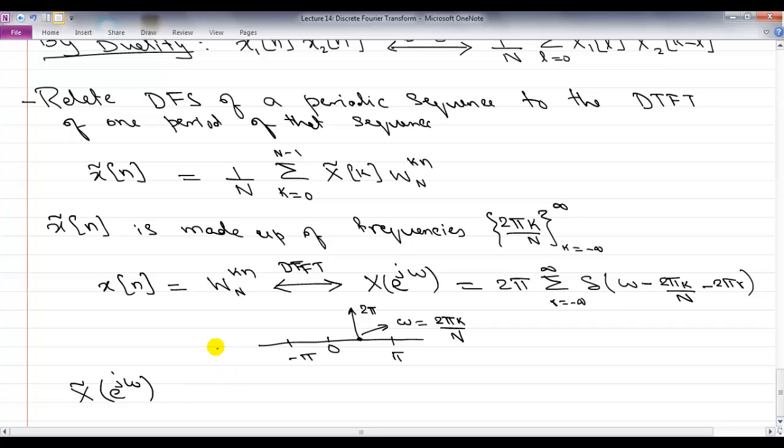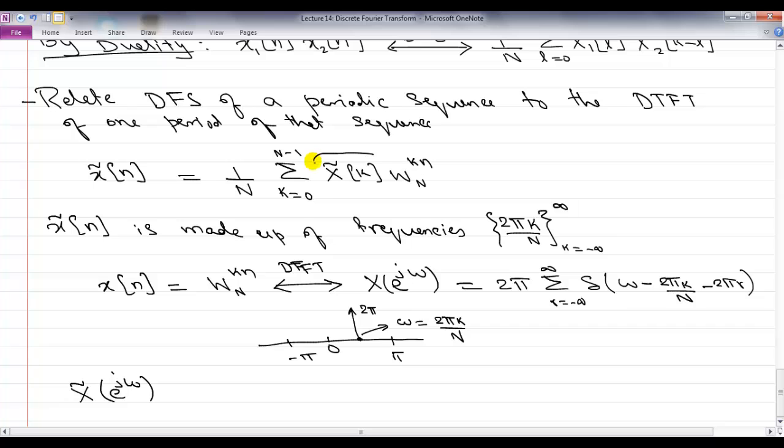But we can take this sort of non-rigorous view that since my signal consists of all these frequencies, each of the frequencies I'm going to represent through an impulse, right, at the right location. So I have frequencies at 2 pi k over n, and what is the height of each frequency?